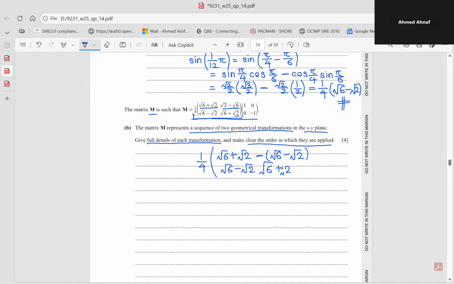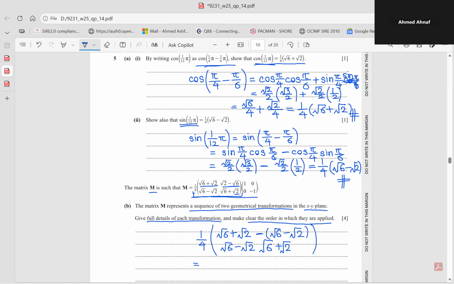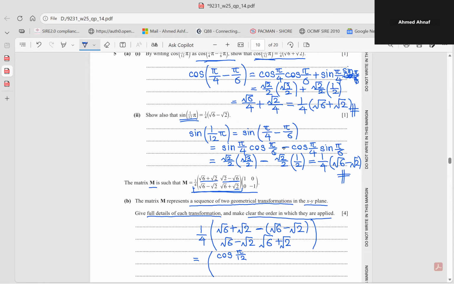Okay, square root. So you can see that if you just multiply each of the elements by the 1 over 4 at the front, you'll get the exact trig ratios. So the first element is just cosine pi over 12. Same for this.